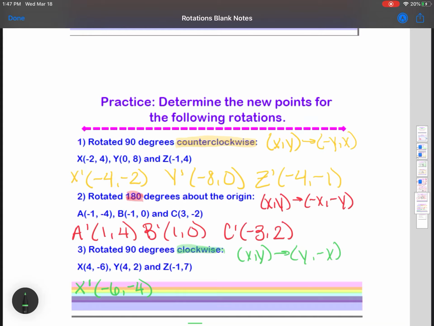Negative of x, negative of 4 is negative 4. Y prime, okay, 2, negative of 4 is negative 4. And z prime, 7, negative of negative 1 is positive 1. Okay? So those are those examples.